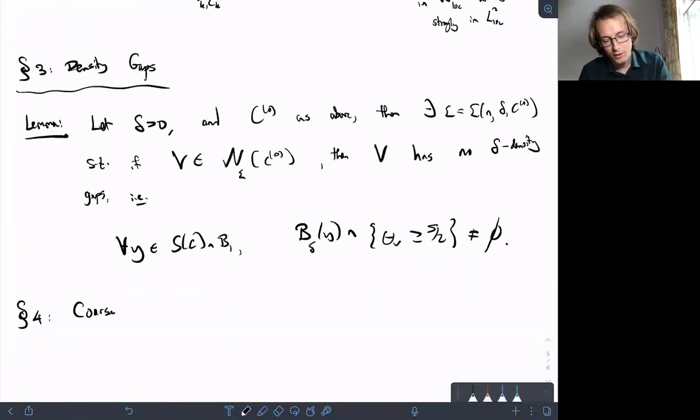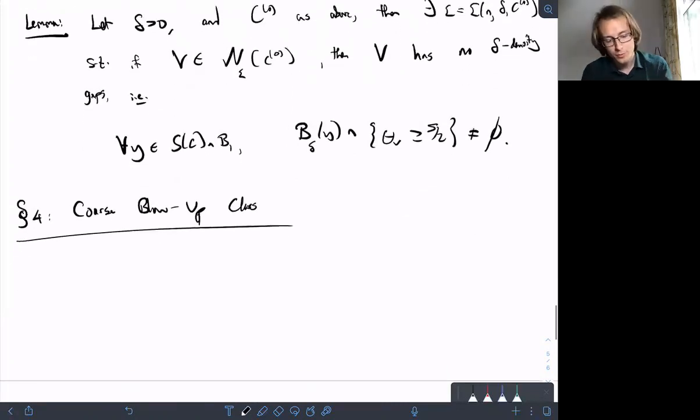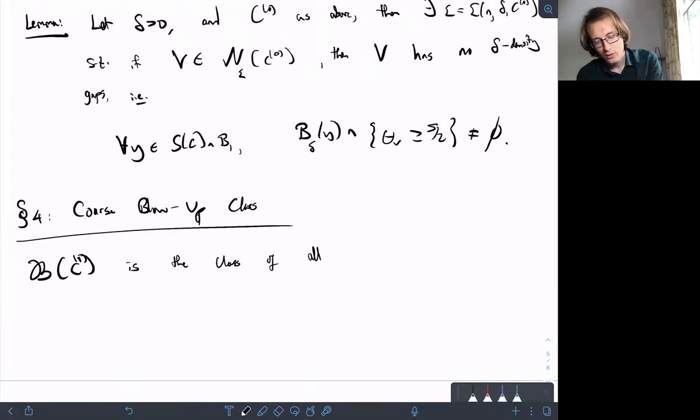So that leads us to the coarse blow-up class, which is curly B of C naught, the class of all functions V as constructed above.